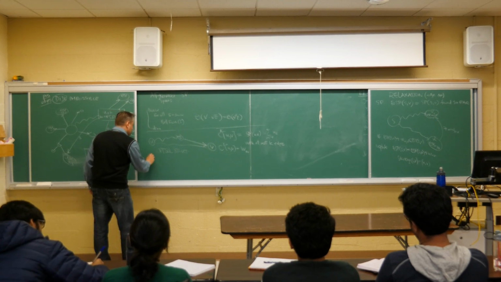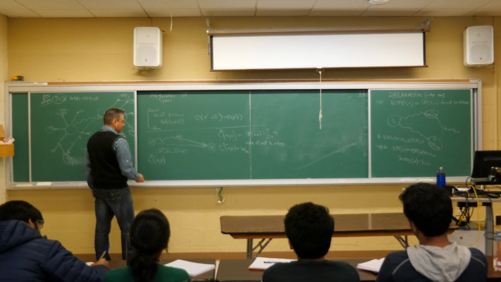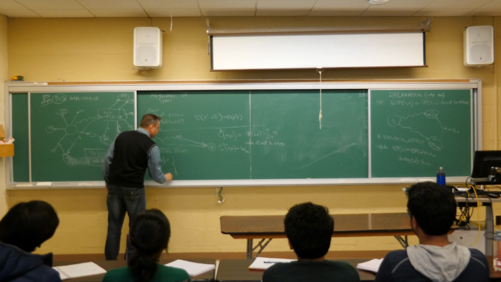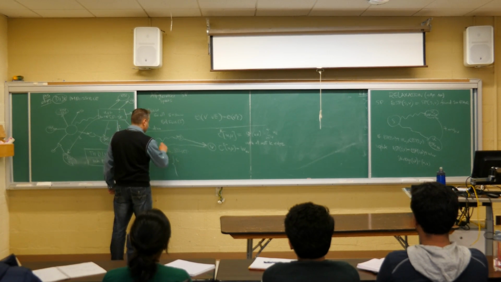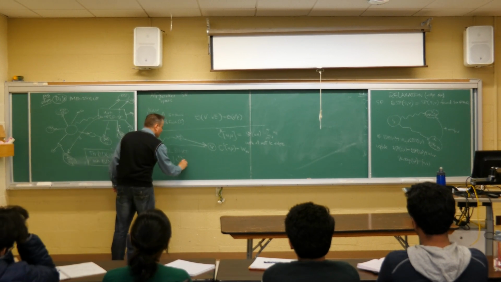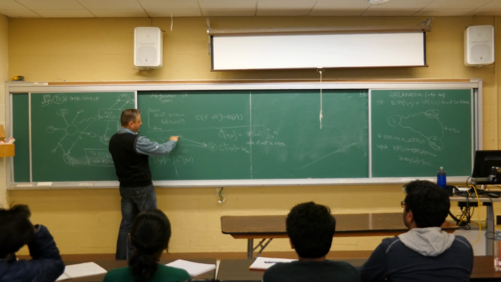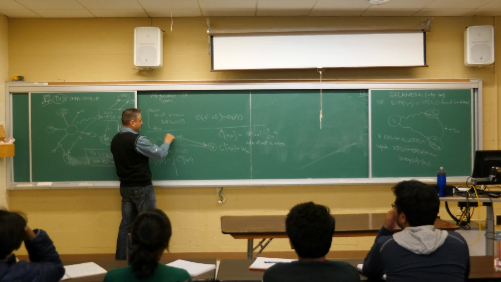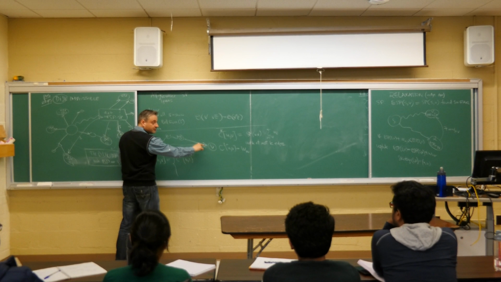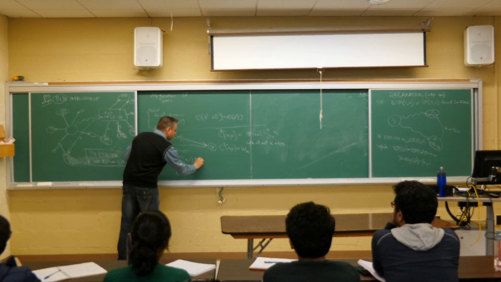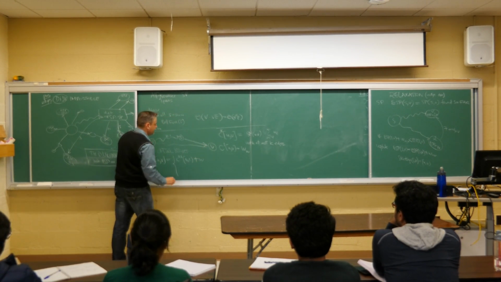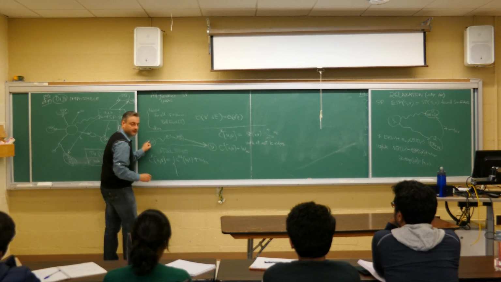I could say CK of UV is either a path that goes CK minus 1 between U and T. This is a path of length K minus 1, and this is the last edge. So that will be plus what edge? TV.